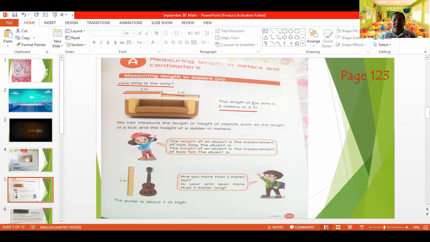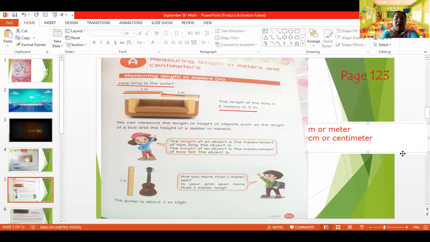M and meters: here, the abbreviation M is the same as meters. This one is just the abbreviation. If you encounter later cm or centimeter, it is the same.